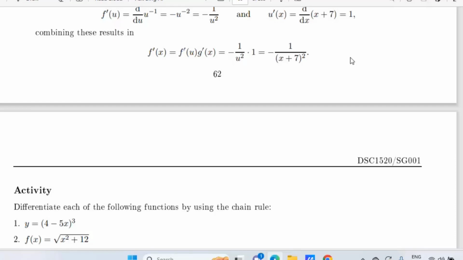Then minus 5 times 3 gives us minus 15. We know that our u is 4 minus 5x. We put it in there, then we bring back the square. That's how we got it.